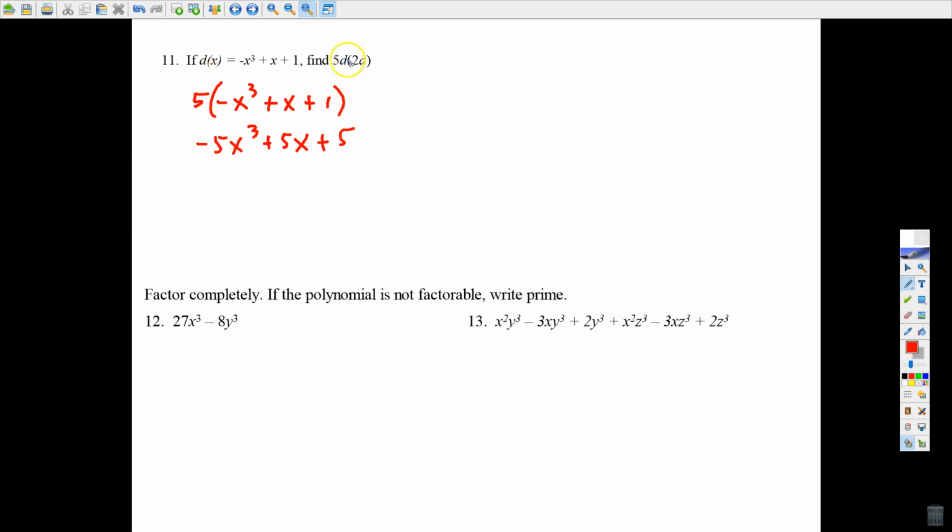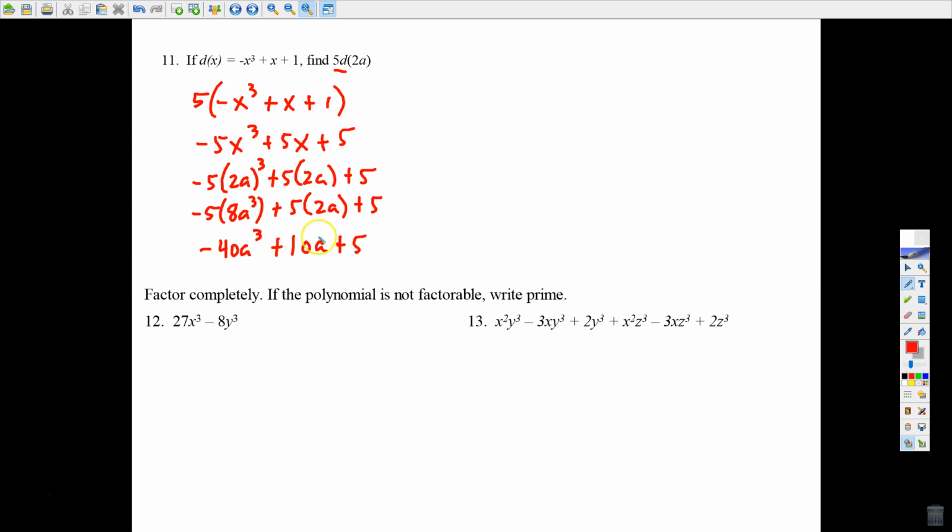And now that we've done that, we've done the 5d part, this means to input 2a in place of x. So that's going to be negative 5 times 2a cubed, plus 5 times 2a, plus 5. Powers before multiplication. So we're going to be multiplying negative 5 times 8a cubed, and that's going to be negative 40a cubed. This is going to be 10a plus 5, and that's our final answer for this.